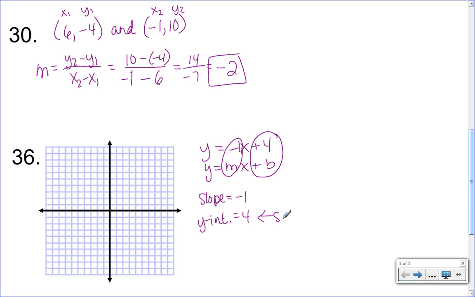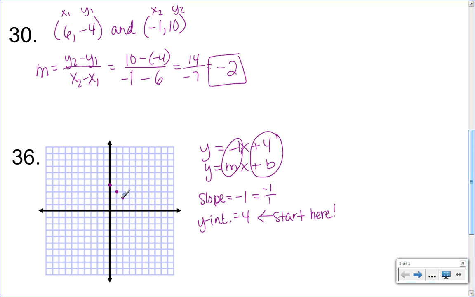Remember, you have to start here when you graph. You have to start at the y-intercept. You cannot start with the slope. So we know that the line crosses the y-axis at 4. So on the y-axis, we'll go up to 1, 2, 3, 4. And now the slope is -1. That's the same as -1 over 1, which means we're going down 1 and to the right 1 from this point. So down 1 and to the right 1.